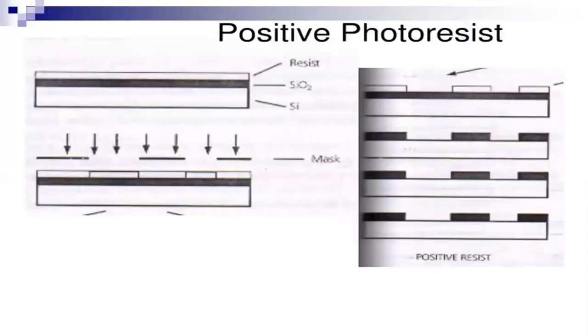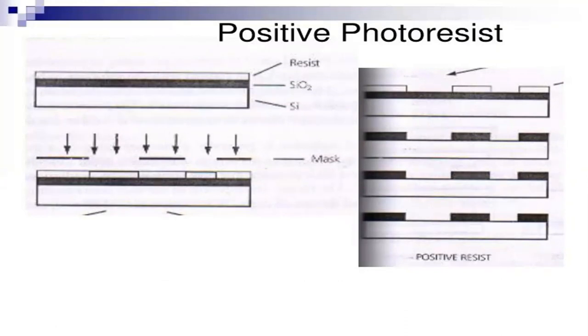So this is the technology, and this is the positive photoresist formation. You can observe the positive photoresist. It has a resist layer, a silicon oxide layer, and a silicon layer. These are the positive photoresist layers, and on the upper face of the photoresist, a mask is placed.